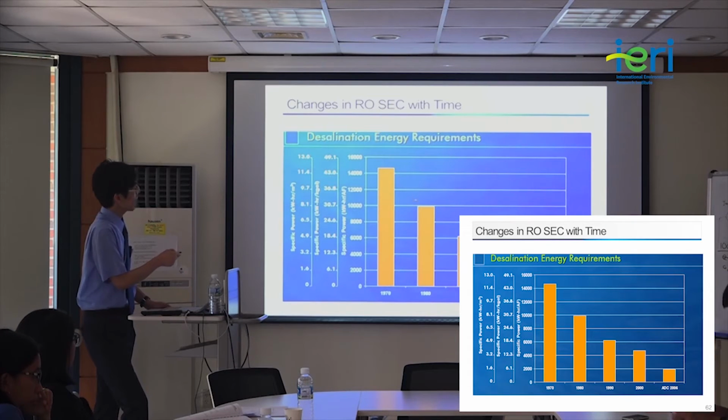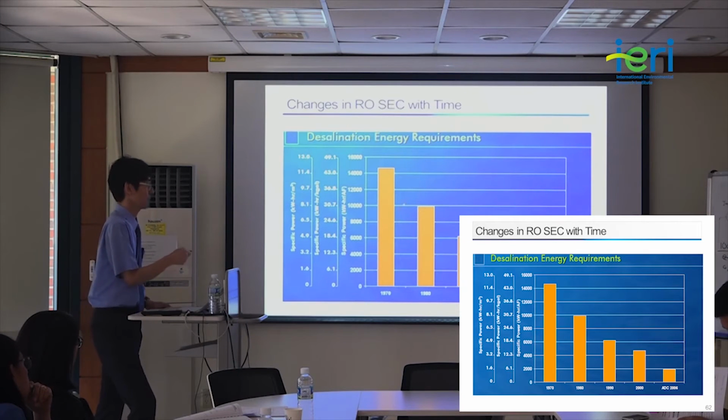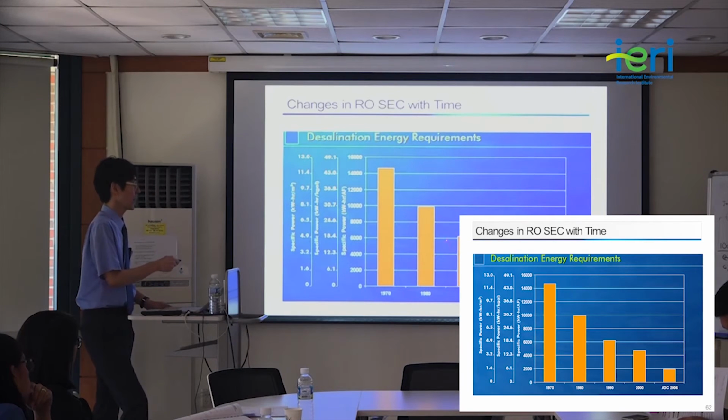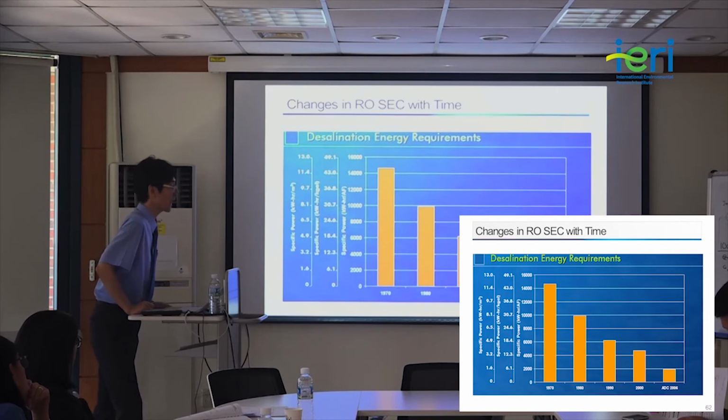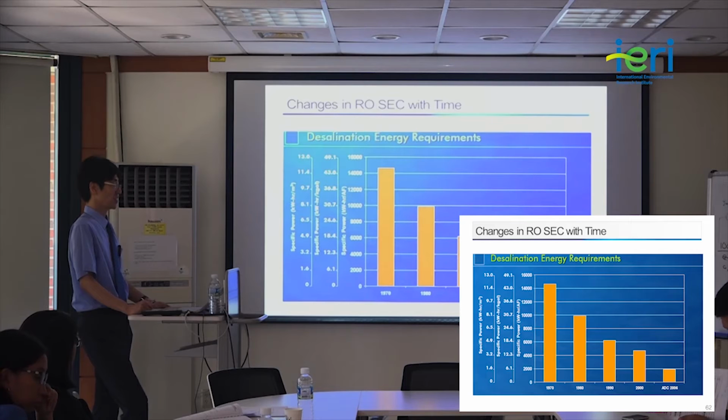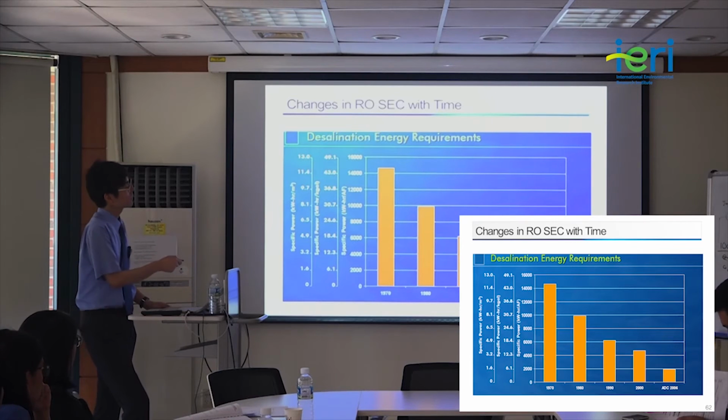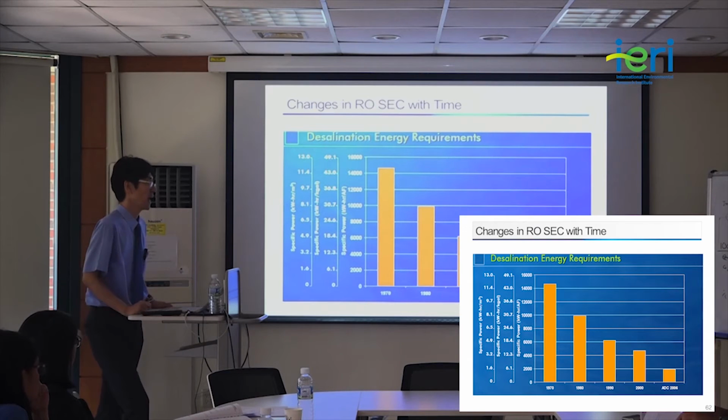And it has been reduced by developing new membranes, by applying energy recovery devices, and by optimizing new techniques for energy reduction. So people think that this energy consumption will decrease with time.